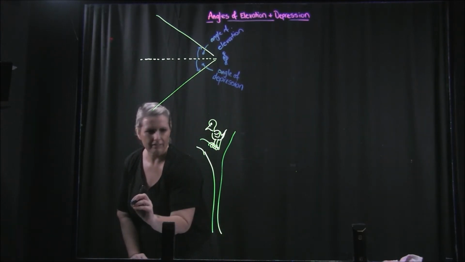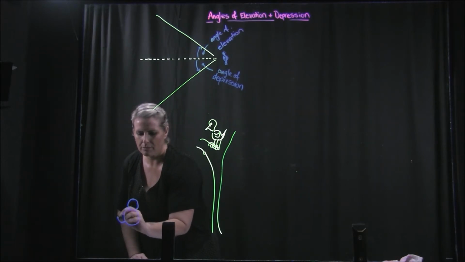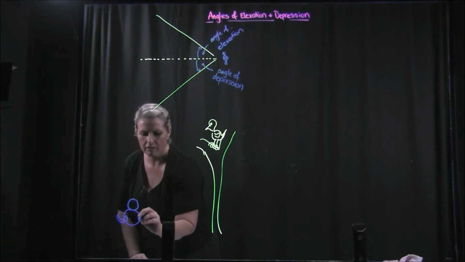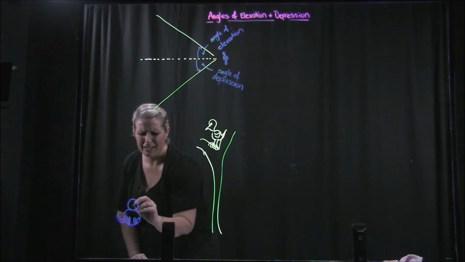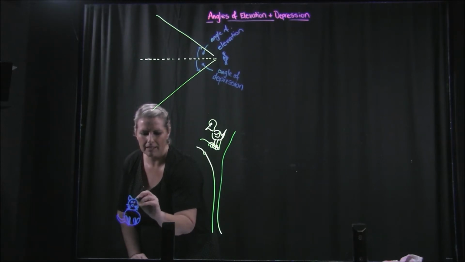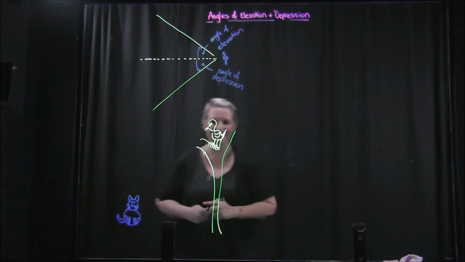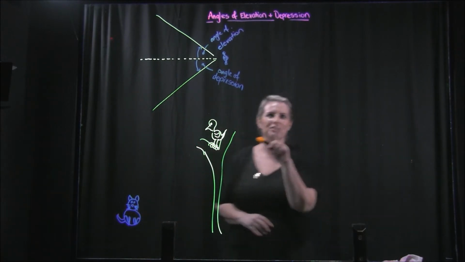Oh, actually, let's make him a cat. Mostly because I probably can't even really draw a cat either. There, give him two little arms. It is terrible. Little nose, some whiskers, and eyes, and then let's give him some ears. There we go. A cat. No judging of my drawings.